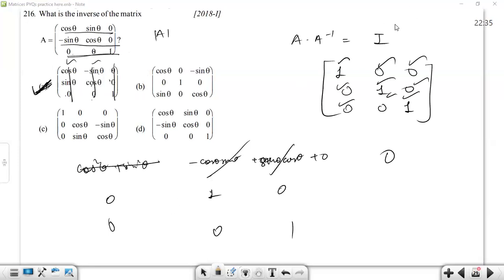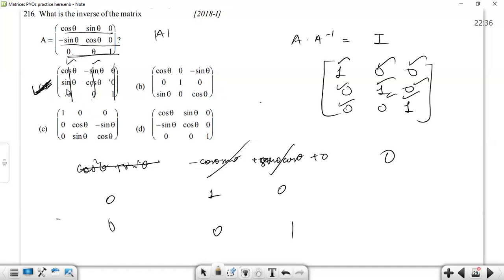Yes, using a simple property, we know that the multiplication of any matrix with its inverse is the identity matrix. And it was our good luck that everything got satisfied and we got the answer in the first option itself.